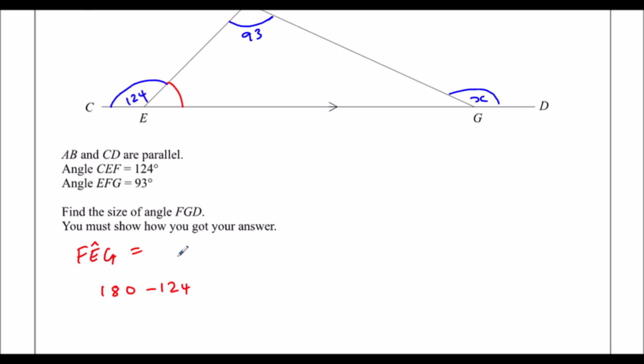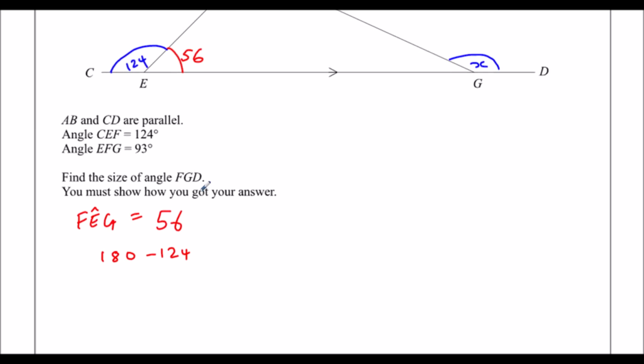So 56. Then we can use angles in a triangle way up to 180. So at the moment we've got, I'll write the reason here, angles on a straight line add to 180.